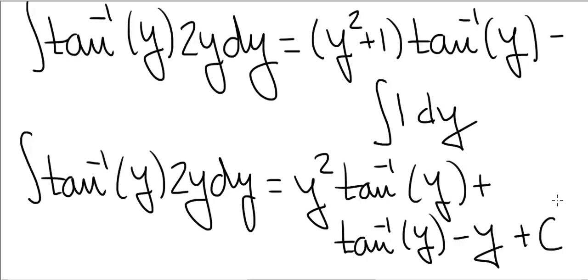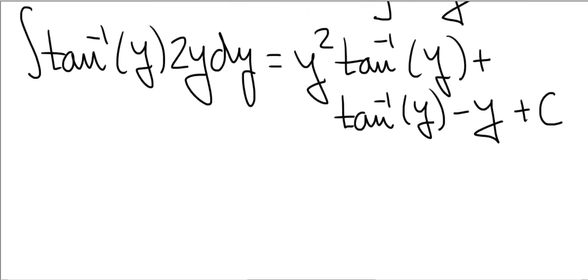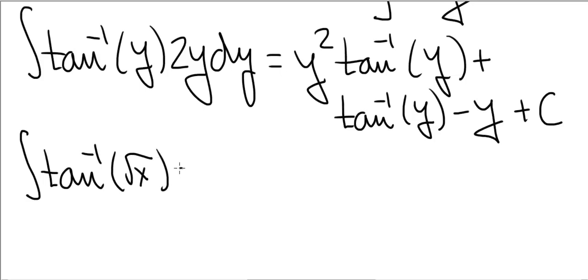But recall the original problem, the original integral was with variable x, so we have to leave our answer in variable x. We had the integral of inverse tangent of square root of x dx, and recall that y was equal to square root of x.